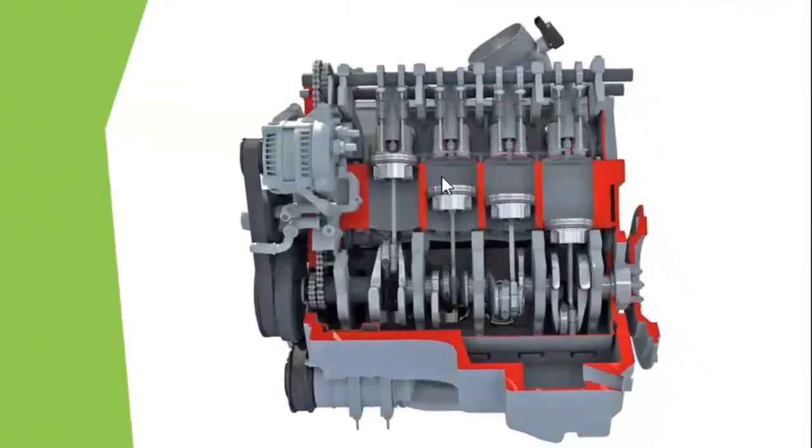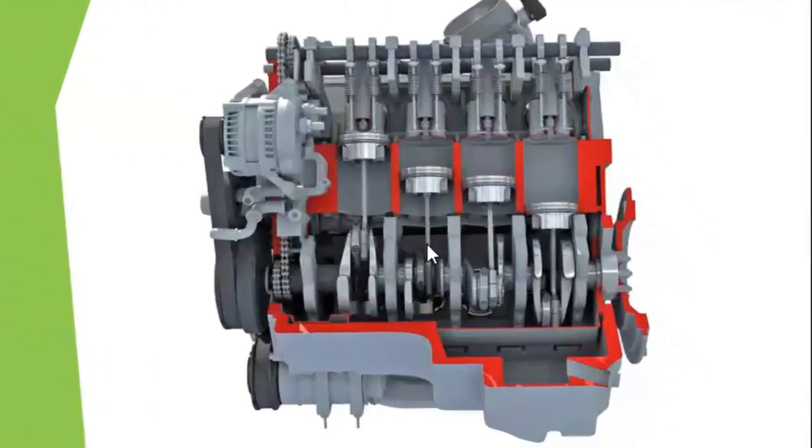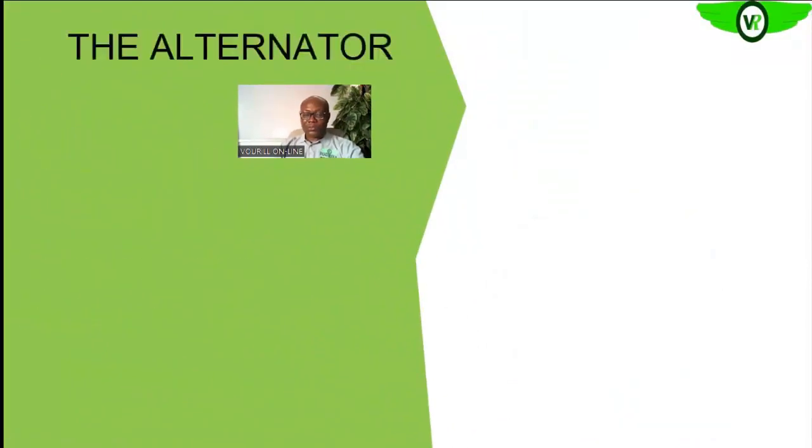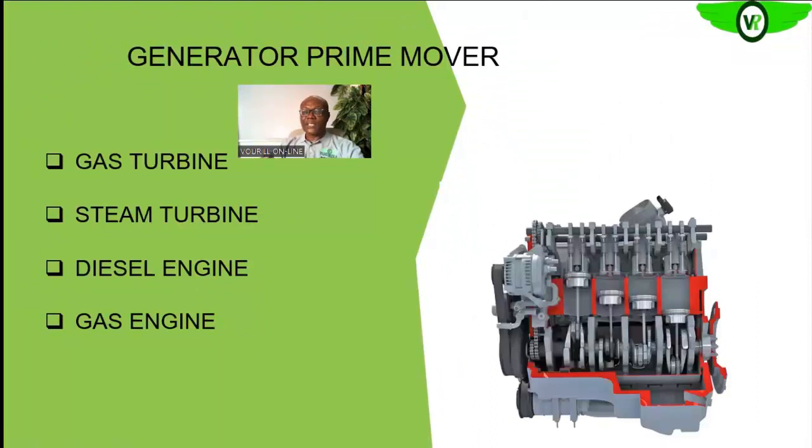The combustion product forces the piston to move translationally. Then that translational motion is converted to rotating mechanical motion by the crankshaft. Then the other end of the crankshaft is where we tie our load or our alternator. So these are the various types of prime movers that we can see in the power plant.